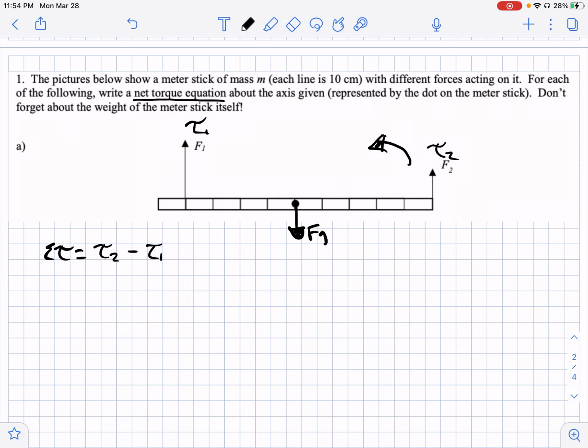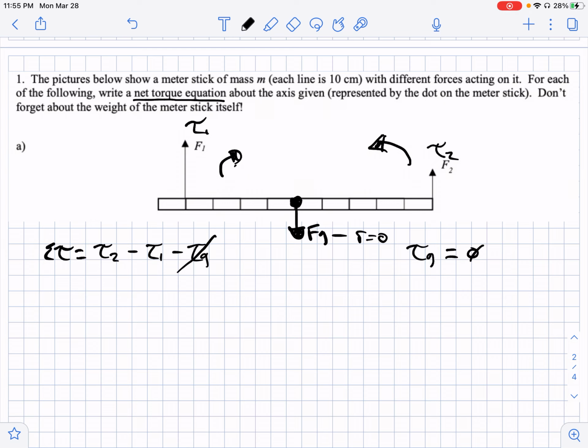And it's minus there because going up on the left side, since the center is my axis of rotation, it's going to cause it to rotate clockwise. So it's going to be negative. So that's why we put it minus in our net torque equation. And we're going to write in minus torque caused from that gravitational force. But looking at this, we know that the moment arm for this one is equal to 0. So torque from the weight of this object is going to equal 0. So we can just cancel that out there.